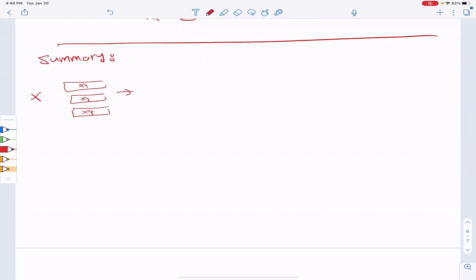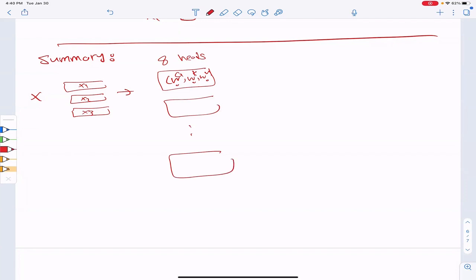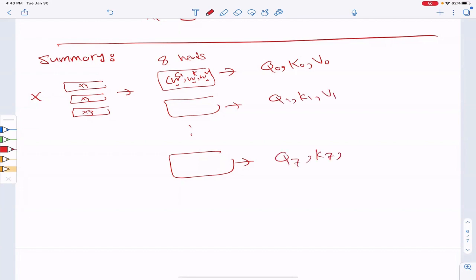Then you apply 8 self-attention heads, with WQ, WK, WV, let's say for the first one, the second one, up to the 8th. So you get Q0, K0, V0, Q1, K1, V1, up to Q7, K7, V7.